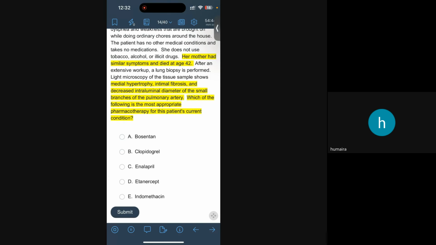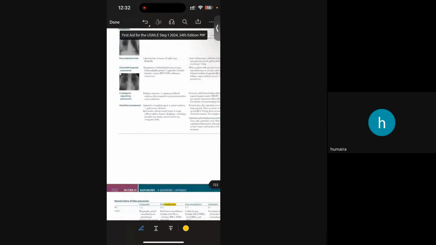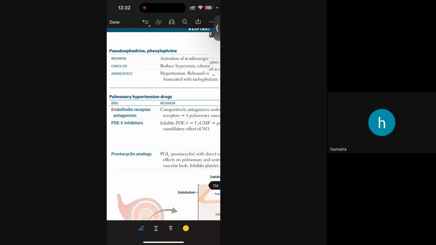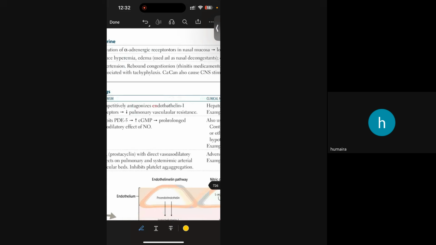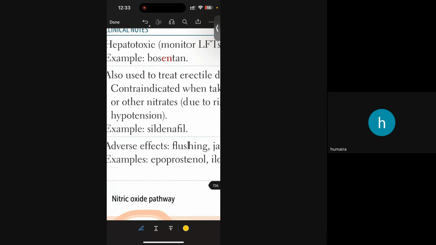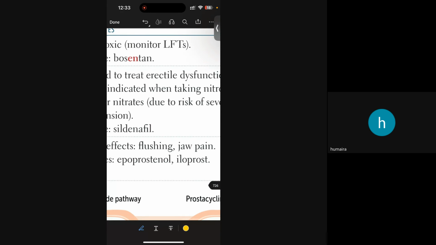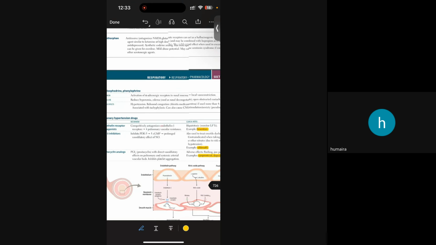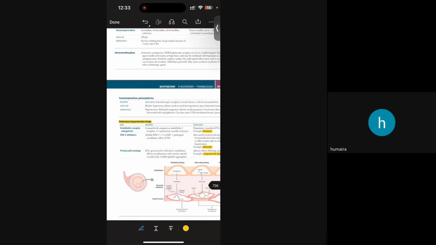And the drugs we use for pulmonary hypertension, what are their names? These are the drugs: bosentan, sildenafil, epoprostenol, and iloprost. These are the drugs we use for pulmonary hypertension.